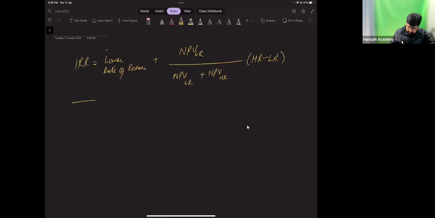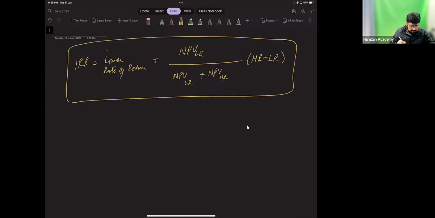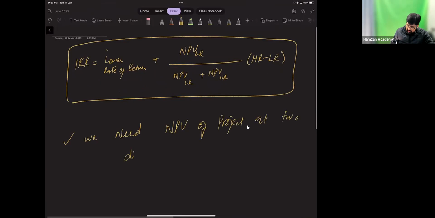Note it down. Basically, what we need is the NPV of the project at two different discount rates. Hence higher rate and lower rate. In that context, it is being used.